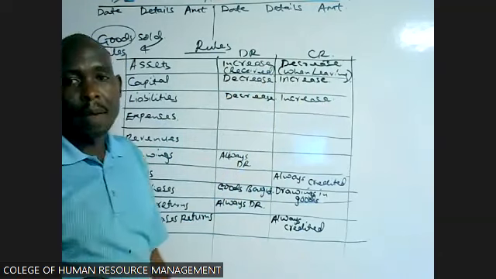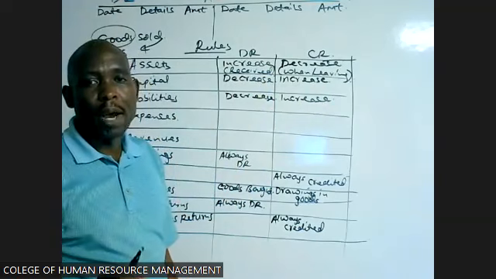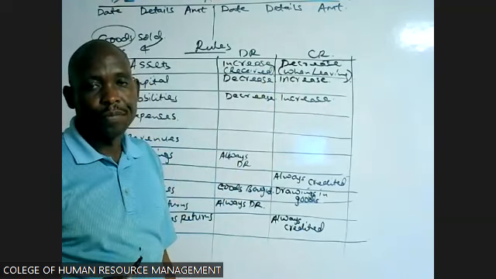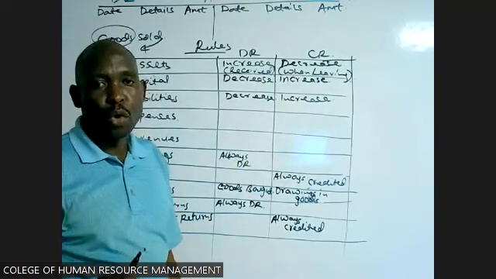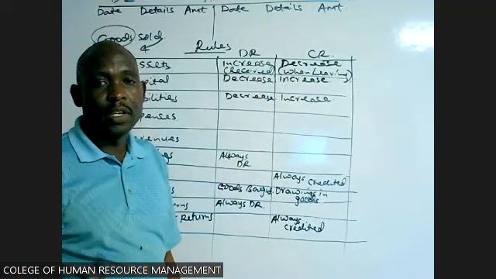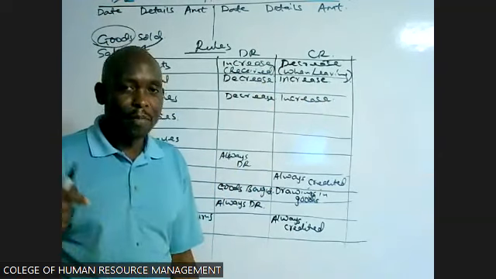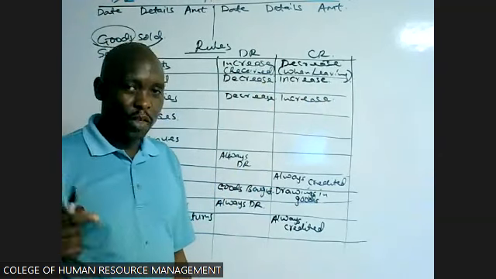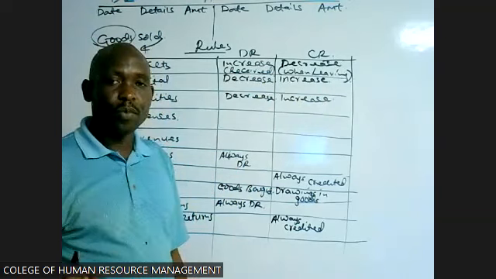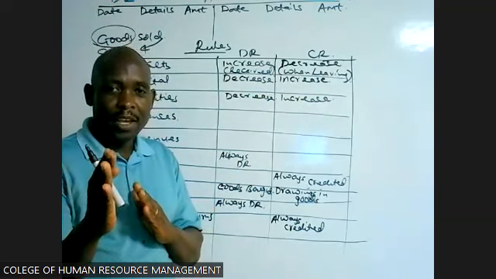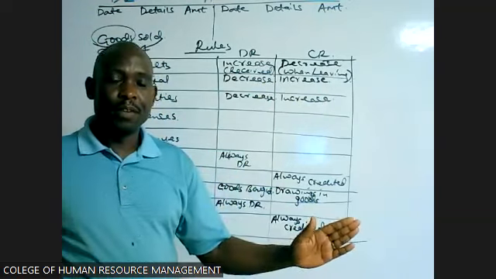When will liabilities increase? When you are buying something on credit. Anytime you are borrowing or acquiring something on credit, you are creating a liability. You are creating a debt. But remember, you cannot create a debt without receiving something. When a liability is created, there is an asset that is received.